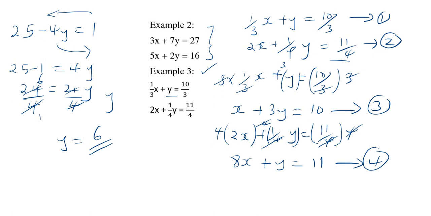Now, it is simple for us to use 3 and 4 and find the values of x and y using the elimination method. So let's have our equations from this step.